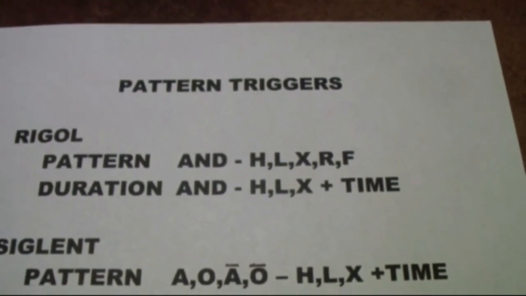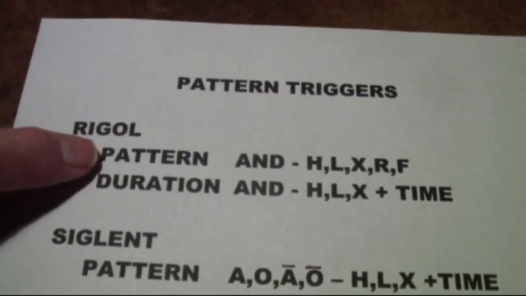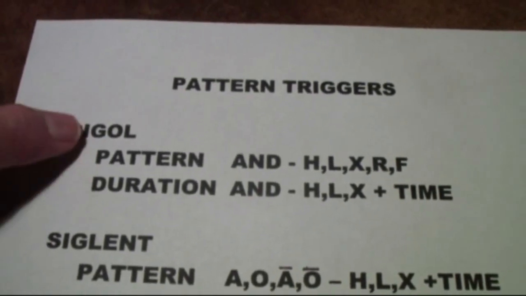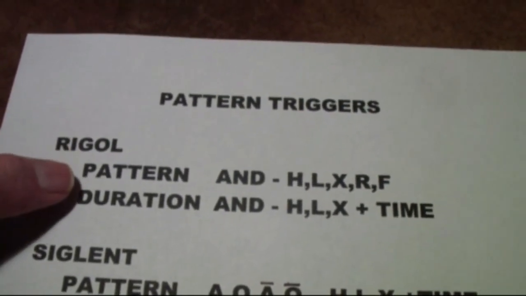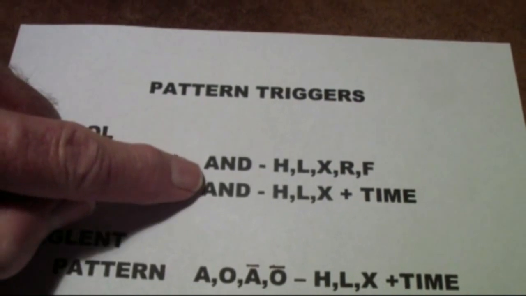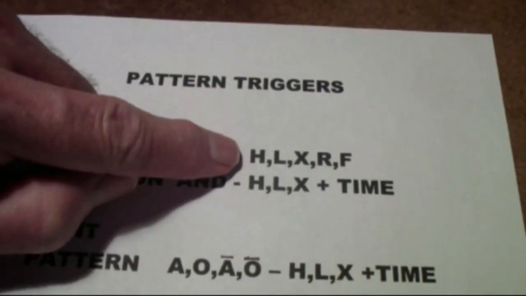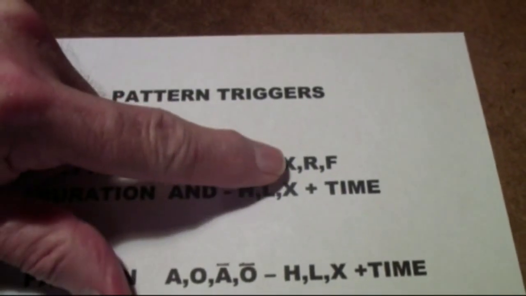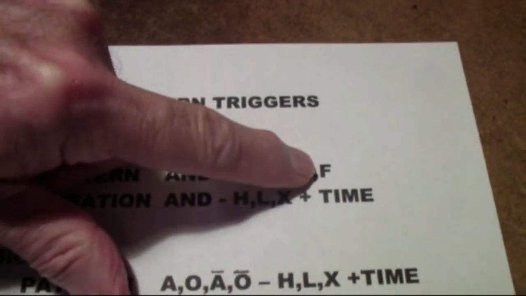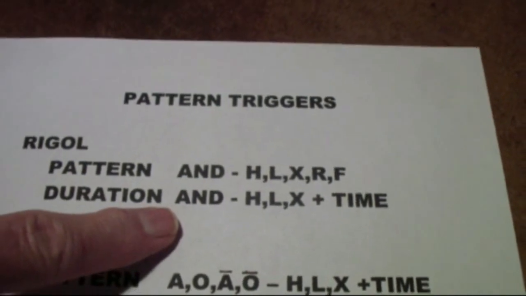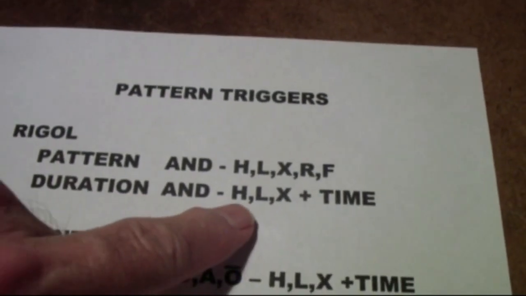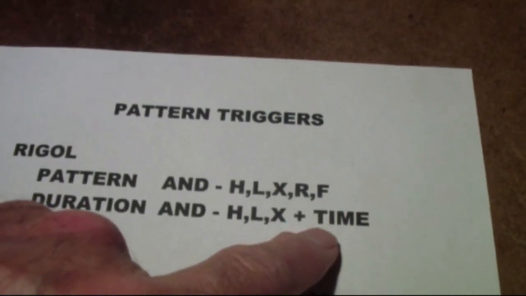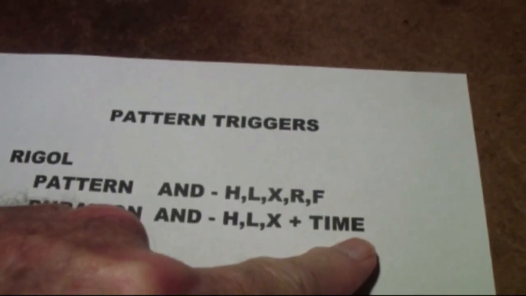So here is a summary of the similar pattern and duration triggers in the Rigol. In both cases, they are the AND of either a high level, a low level, a don't care, in this case a rising or falling, whereas in the duration trigger that's the AND of a high or a low or a don't care and a time, that is a duration.